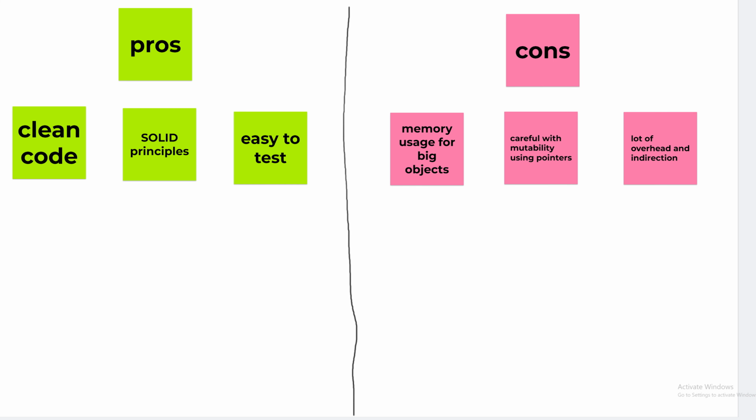And you can even generify the getter and setter that we saw. So globally it's quite easy to maintain this kind of code. The third one, easy to test, goes naturally with it because things are clearly separated, encapsulated. It's going to be a walk in the park to test this kind of code.